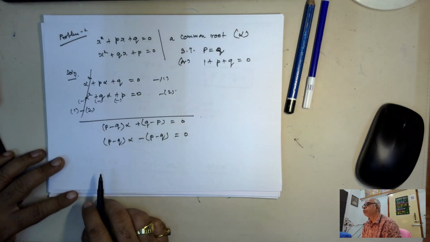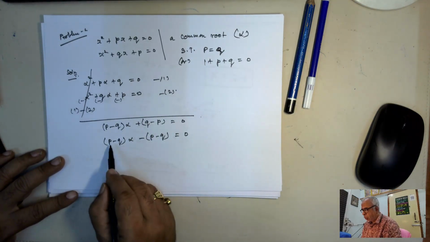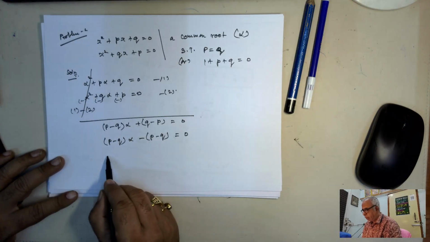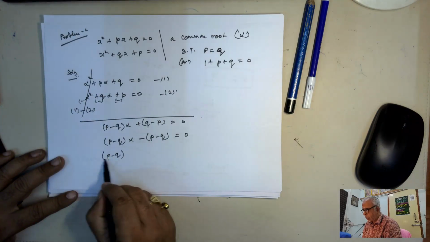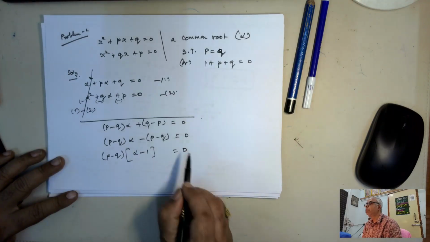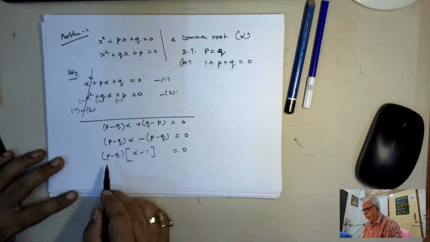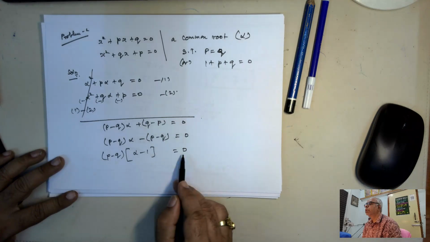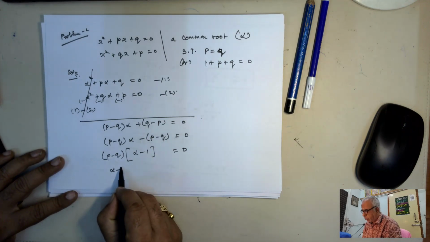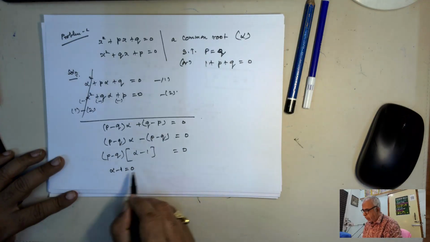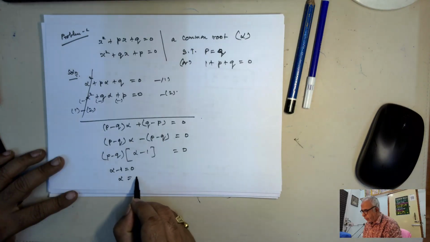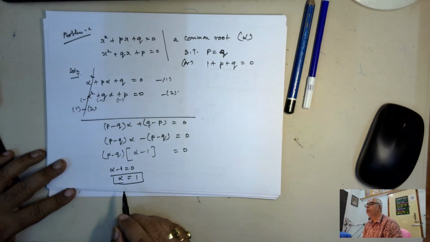Am I right? So p minus q being common, p minus q of alpha minus 1 is equal to 0. So either q minus 1 may be 0, or alpha minus 1 is equal to 0, which means alpha is equal to 1. Are you able to follow?